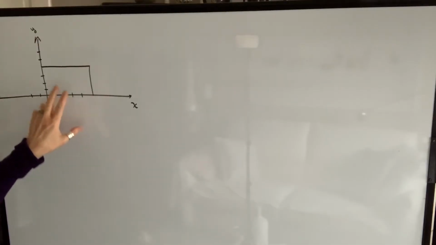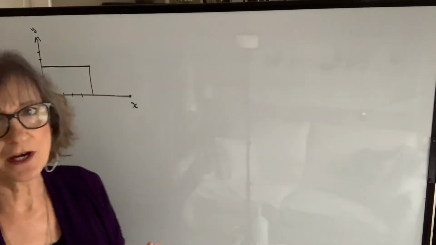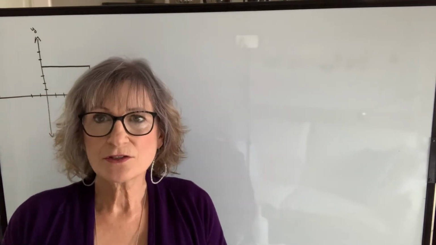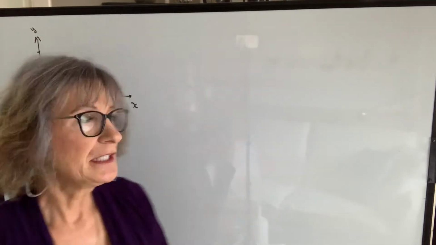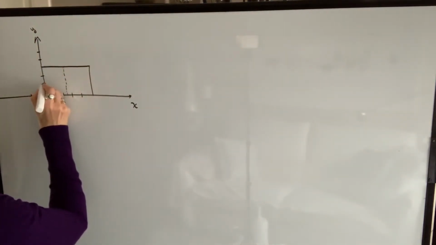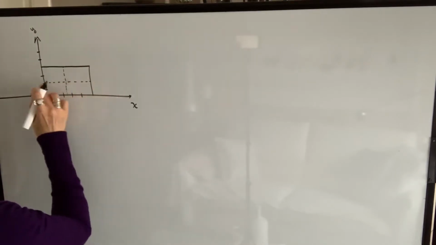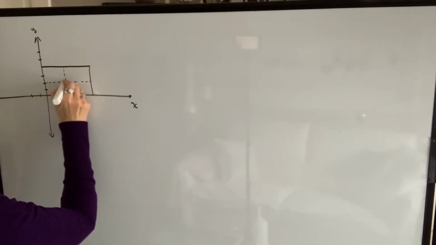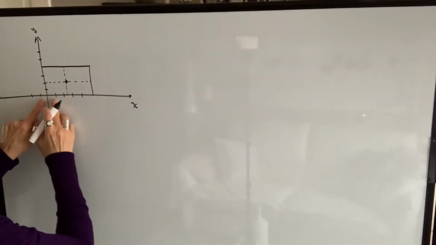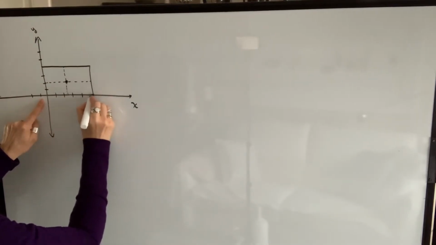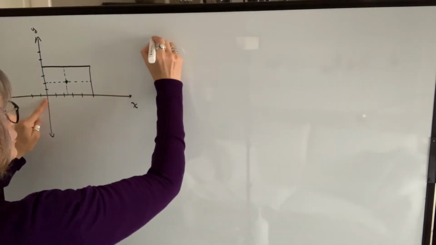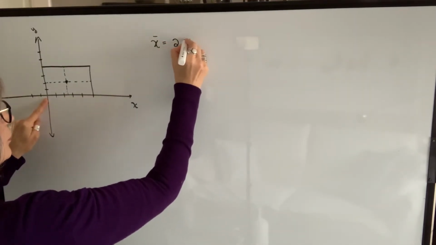If we were to take a look at this rectangle, and I was asked to find where the centroid is. Centroid is also known as center of mass. Because there's symmetry with this rectangle, it would be right in the middle, at the intersection of the two middle lines. In this example, the x value for the whole rectangle is 5, so the x value of the centroid would be right in the middle of that, 2.5.